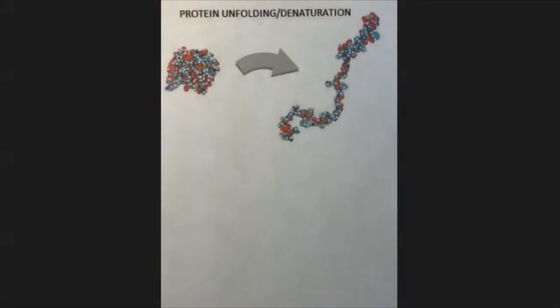So enzymes, as well as many other components of cells, some of the components of membranes, some of the components of the structure that holds things together in the cell, are essentially proteins.